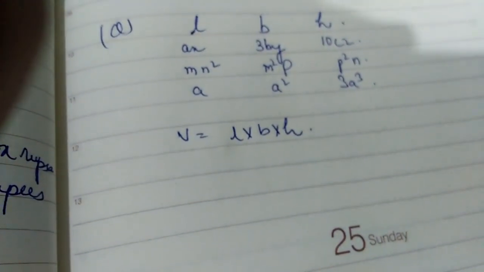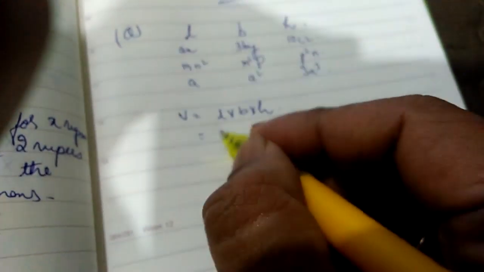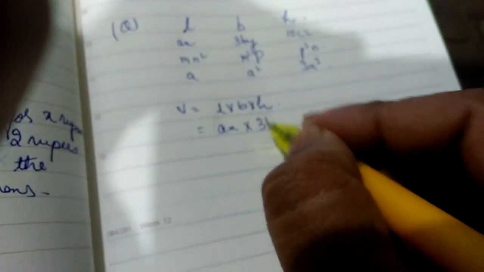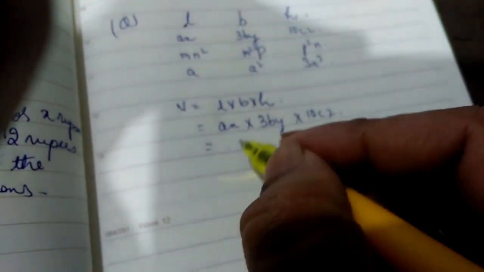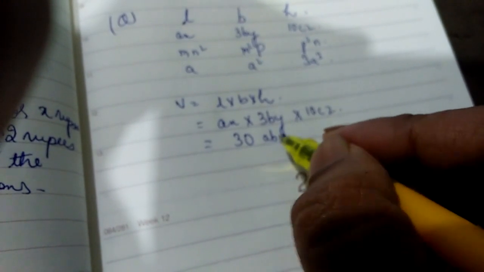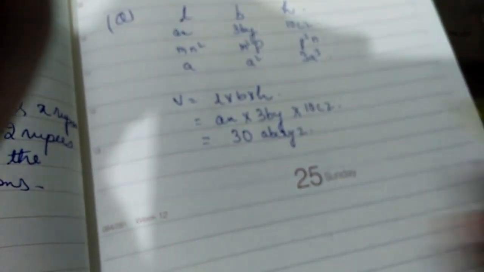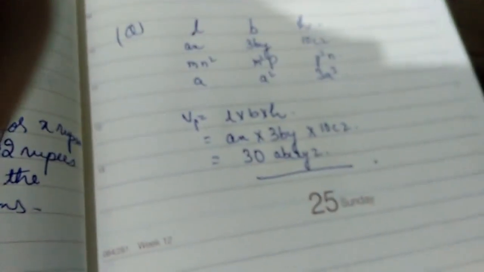So what we are going to do is multiply all three. In the first case, this is ax into 3by into 10cz. So we will get 30abcxyz. Okay, this is going to be our answer. Let us say this is volume 1.